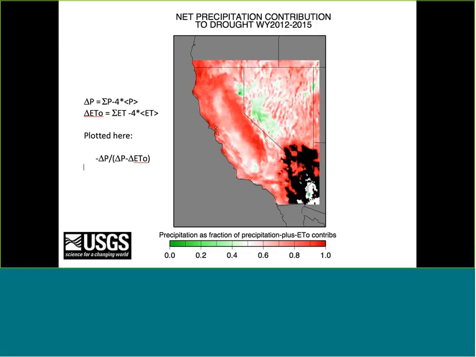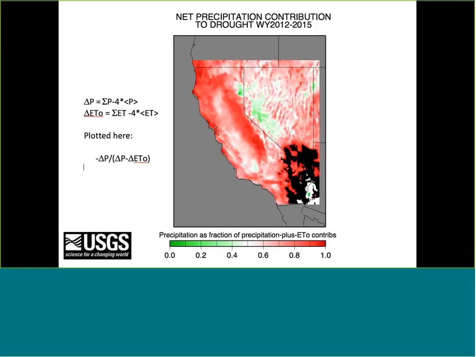It's really this drought in the 2012 to 2015 period has been both. It's both an evaporation drought, if you will, and a precipitation drought. Over there on the lee side, the rain shadow side of the Sierra, you see greens showing up. And so over there, it's actually been dominated more by the extra evaporative demand than by the precipitation.